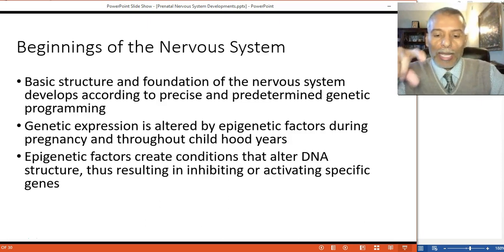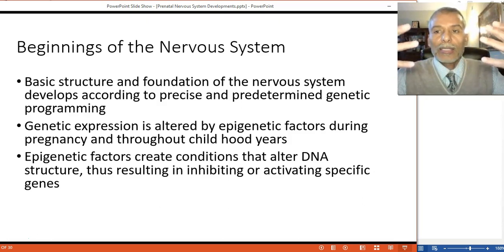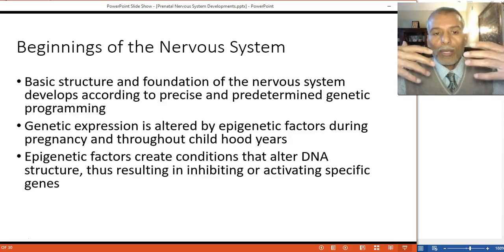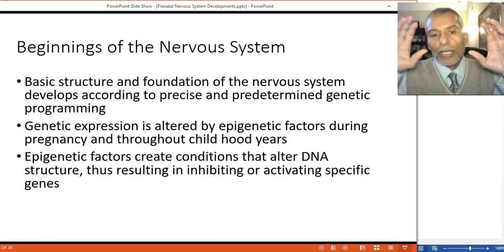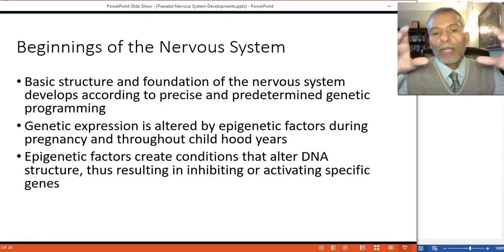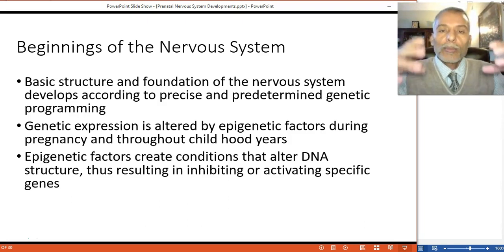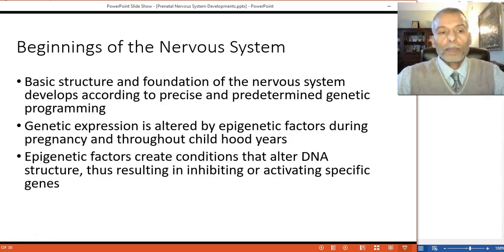And from that draft form, the environment can create conditions to alter that and to modify the body and the nervous system and everything in order to make the organism, to make the human being, the best fit for that environment. So it's a survival mechanism.